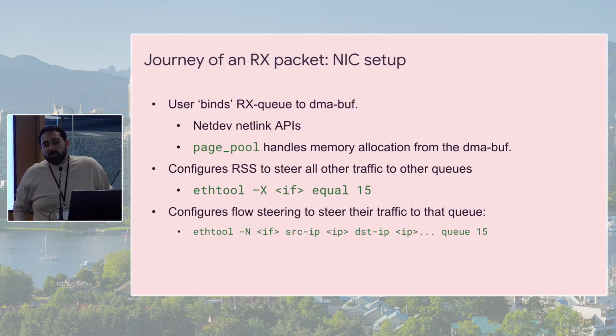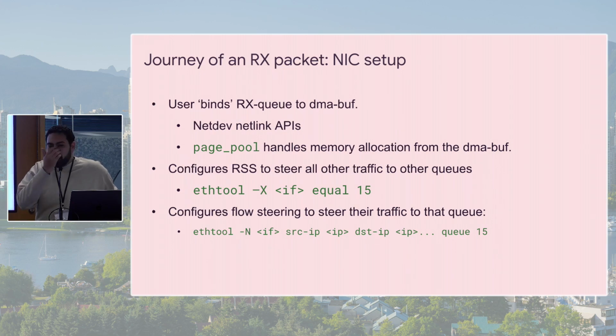Now we're getting into stuff that we added as part of the proposal, where the user binds an RxQ from the NIC to the DMA buf. Conceptually it means that the page pool serving this RxQ will now allocate memory from the DMA buf instead of going to the buddy allocator and allocating regular host memory pages.